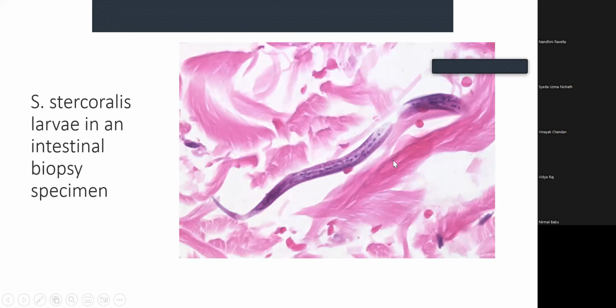Whenever these larvae invade the GI tract, they may migrate to various other organs such as the CNS, or the liver, or kidney, or the peritoneum. Along with them, enteric flora can also move. This disrupted mucosa along with the enteric flora can lead to gram-negative septicemia. They may lead to pneumonia, or they may lead to meningitis.